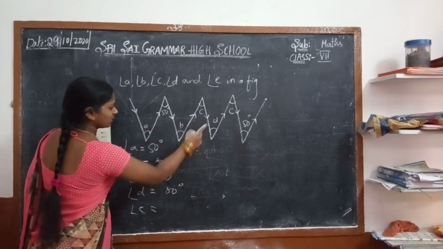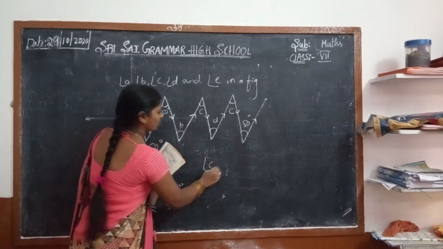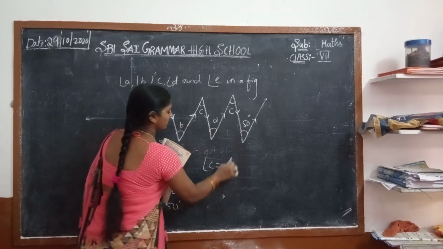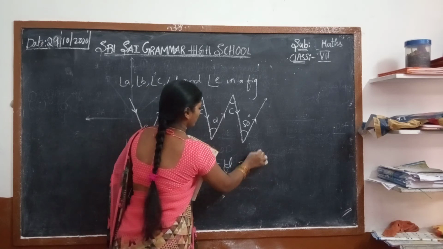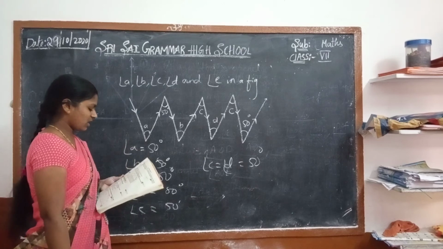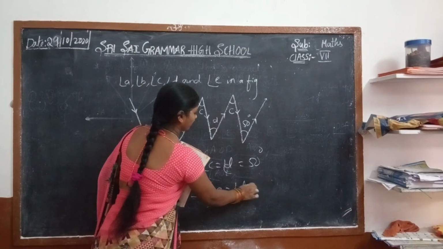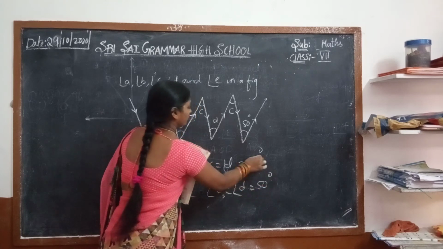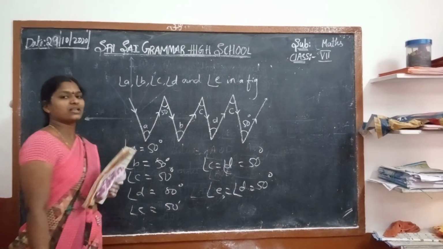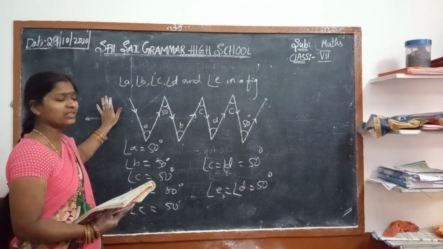Angle C equal to angle D, which is equal to 50 degrees, because they are parallel lines. Now we can see angle E equal to angle D, which is 50 degrees. These are the angles formed in the given figure.